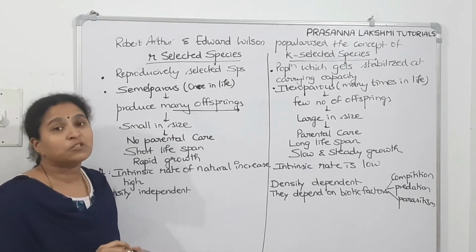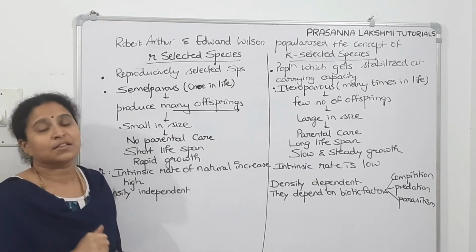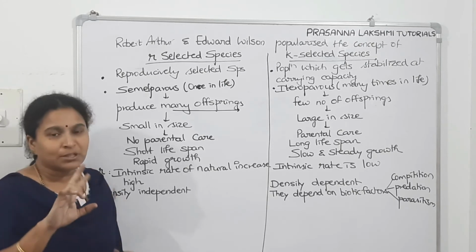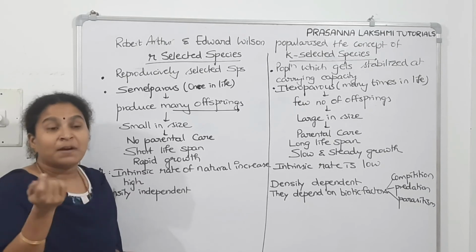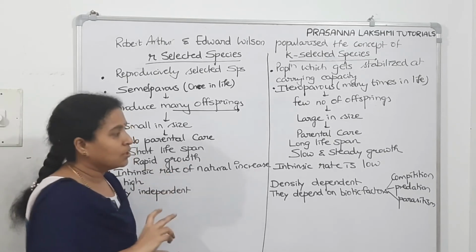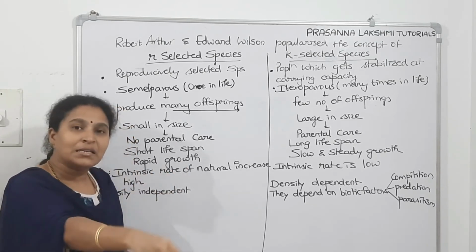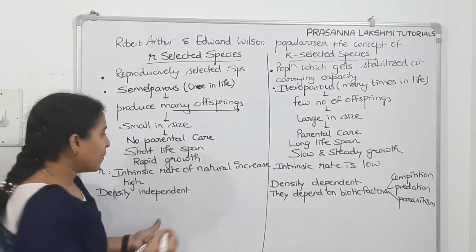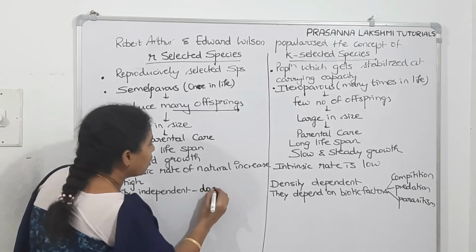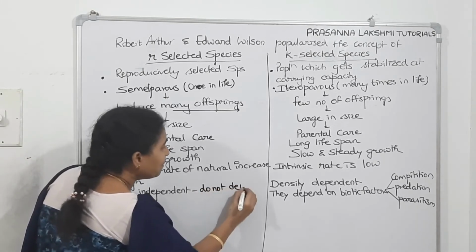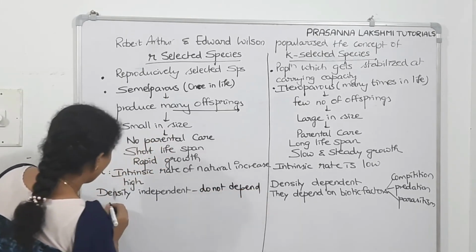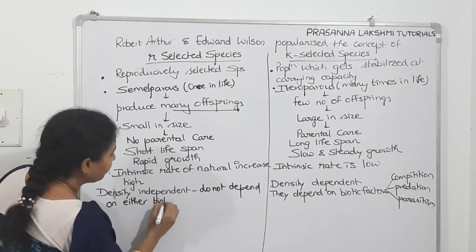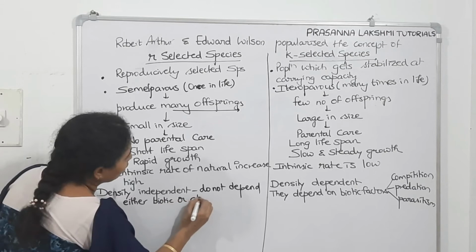So, they depend on which factors? Biotic factors. What are biotic factors? Interaction with other living organisms. If both are competing, it's competition. If one is eating the other, it is predation. If one is living inside the other, that is parasitism. Whereas we told these are density independent, meaning they do not depend on either biotic or abiotic factors.